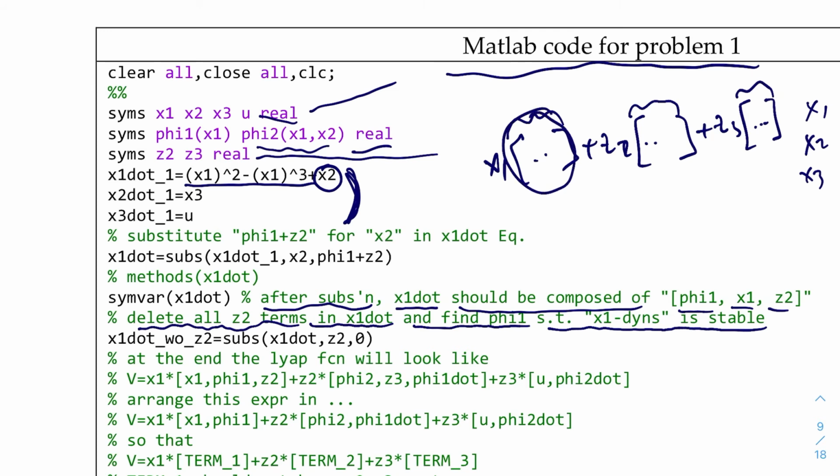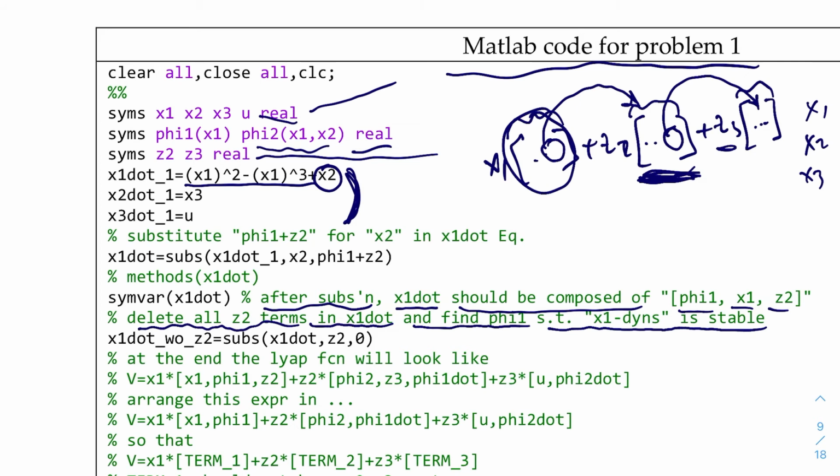This term only needs to have x1 and phi1, and this term 2 shouldn't have z3. If you have z2 here, just get that to that parenthesis, and if you have z3 here, get that to that parenthesis, just by simple manipulations.